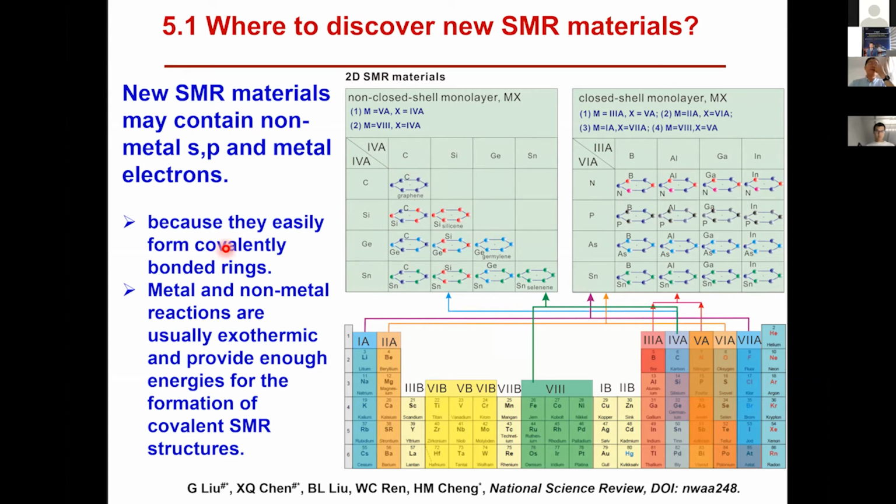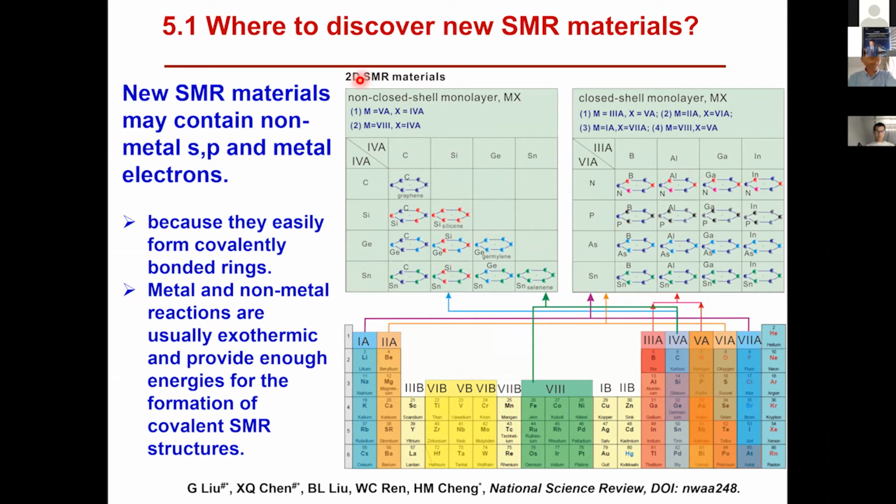That's because of 2 reasons. One is they easily form covalently bonded rings. The second is the metal and non-metal reactions are usually exothermic, which can provide enough energy for the formation of covalent six-member ring structures.